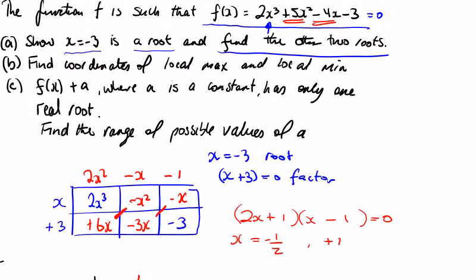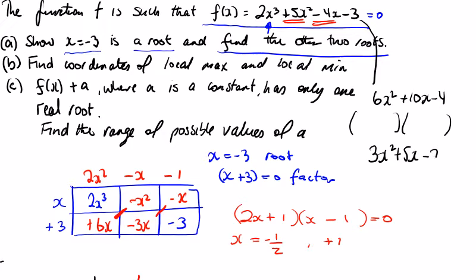Differentiating this, we're going to get 6x squared plus 10x minus 4. If I factorize that one, I'll try 3x by x. Actually, I can divide it by 2. I'm going to get 3x squared plus 5x minus 2.